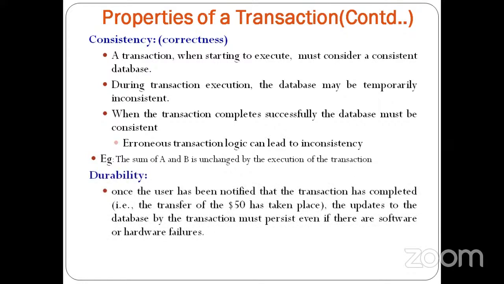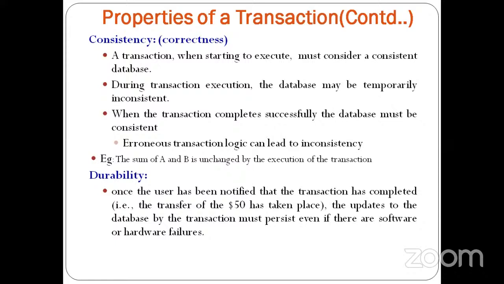Next, durability is nothing but whatever transaction we are doing, the data should be in a correct and accurate way. Once the user has been notified that the transaction has been completed, the updates will be given to the person or customer, so that the transaction will be permanent.